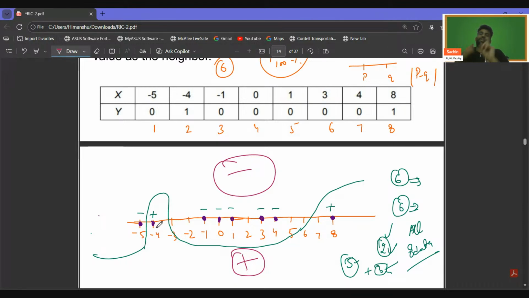So we need to think about those data points, especially which are on the boundary line for me. Okay, so that means -1 is important for me. Why is this -4 important for me?